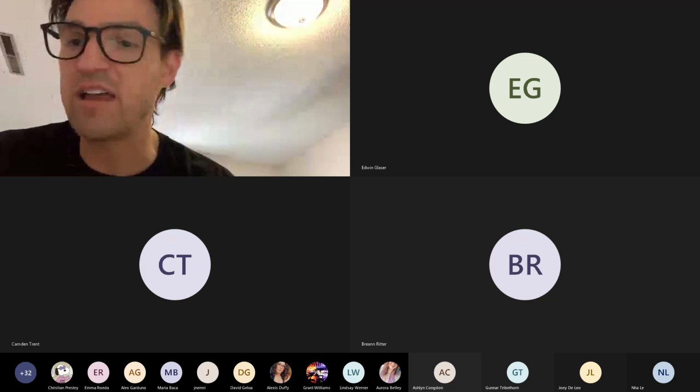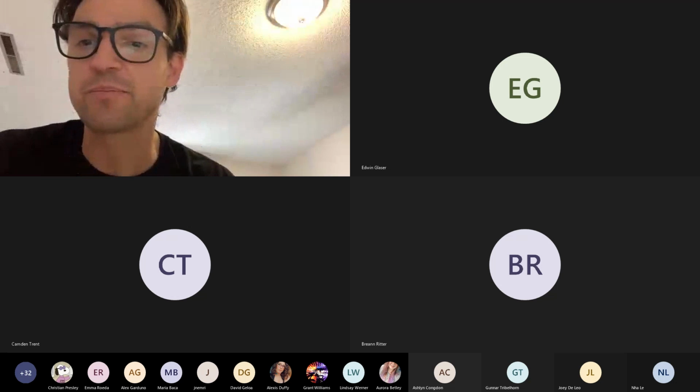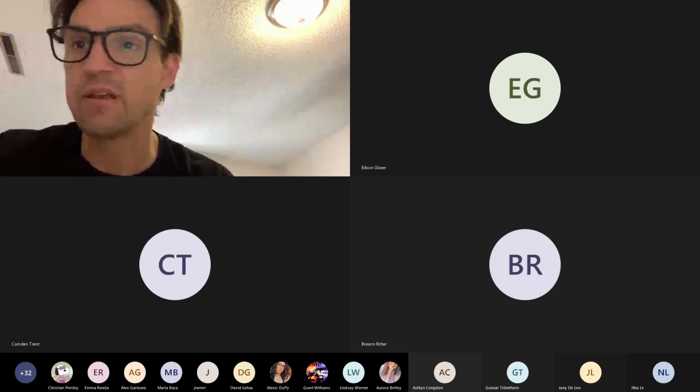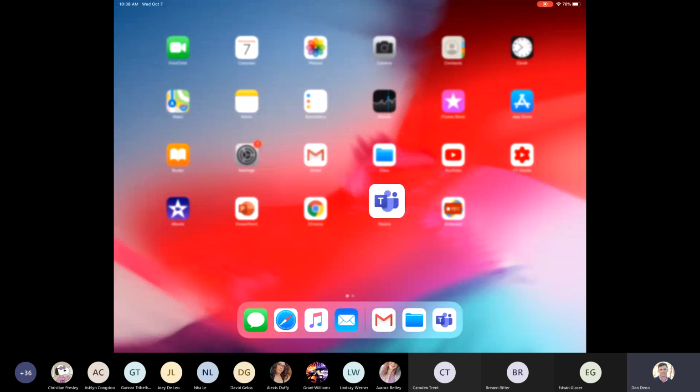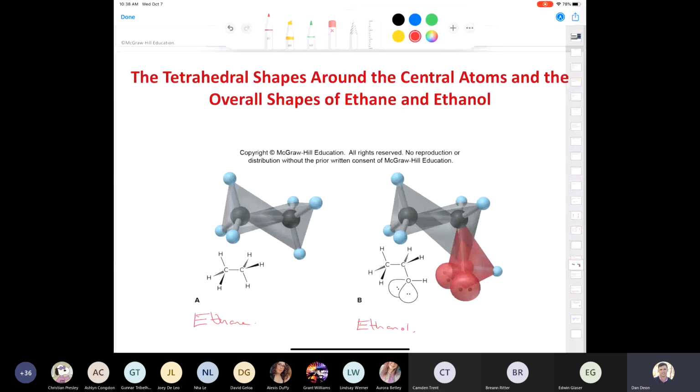Let me go back to my slide. Yeah, and you can see how the ethane molecule, when you maximize the distance, when you have that staggered conformation that I just explained, it's kind of like you have a tetrahedron here and a tetrahedron here, and they're offset.